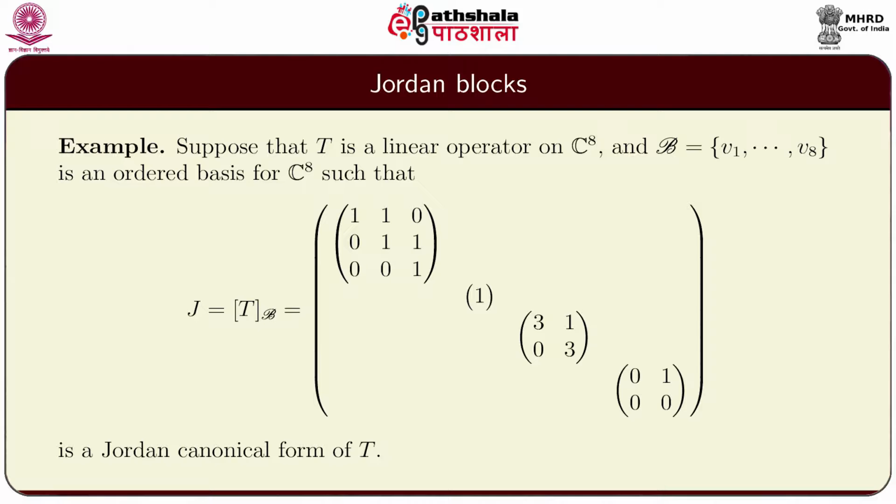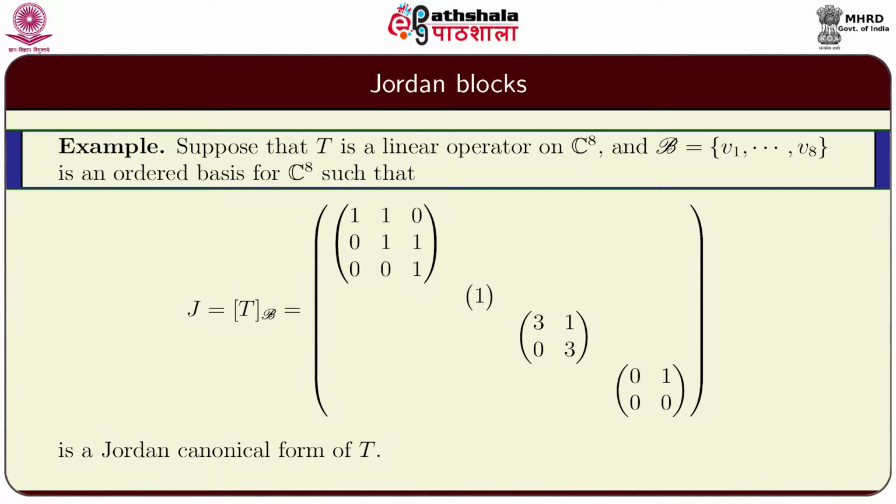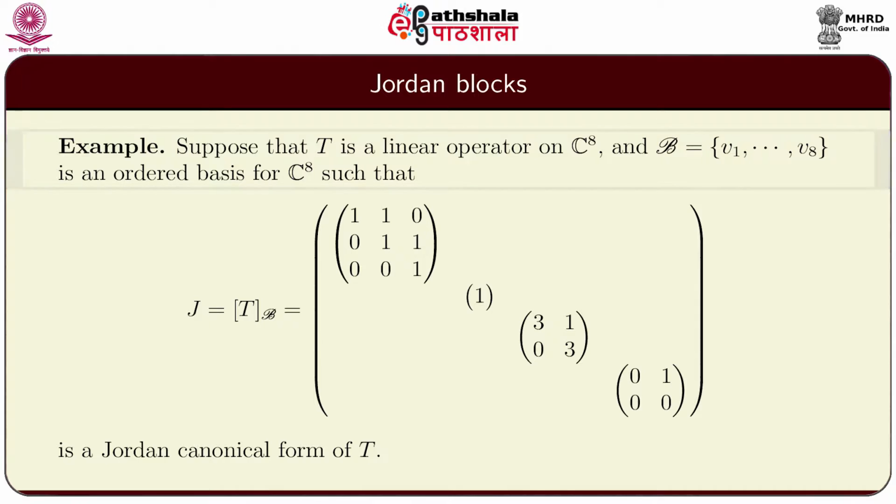Let us look at this example. Suppose that T is a linear operator on C^8, C is the set of complex numbers, and B is the set consisting of these 8 vectors V1, V2, up to V8, an ordered basis such that the matrix representation of T with respect to this basis B is the one given here, that is, it has 4 blocks.